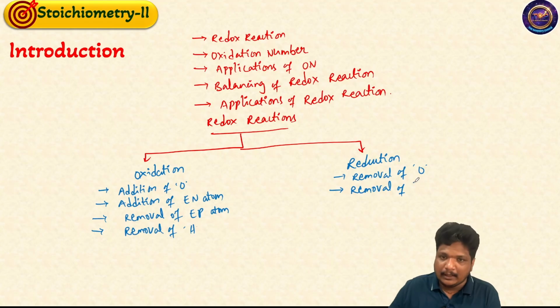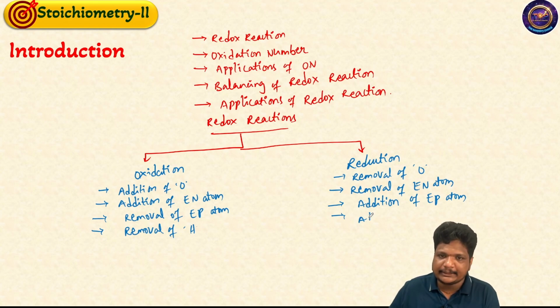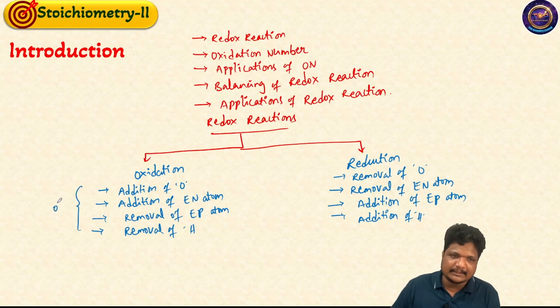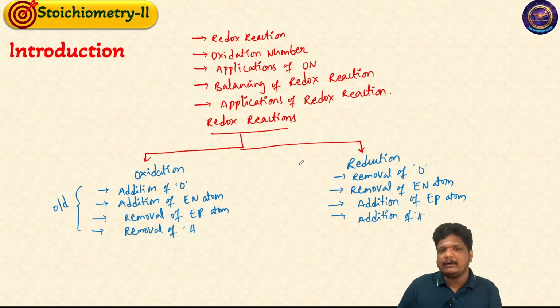When coming to reduction, it is removal of electronegative atom and also addition of electropositive atom, or addition of hydrogen. These are the four definitions in the old pattern.